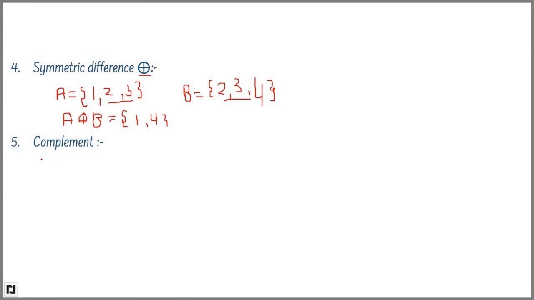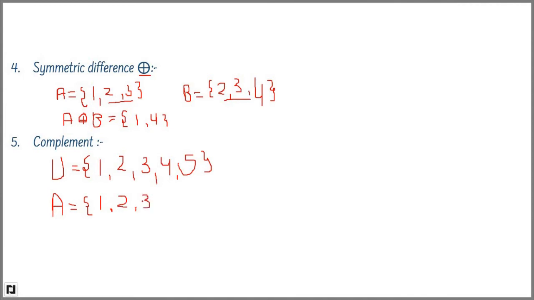The complement of a set can be found as follows: if we have a universal set which contains 1, 2, 3, 4, 5, and we also have a set A containing elements 1, 2 and 3, then the complement of A contains 4 and 5.